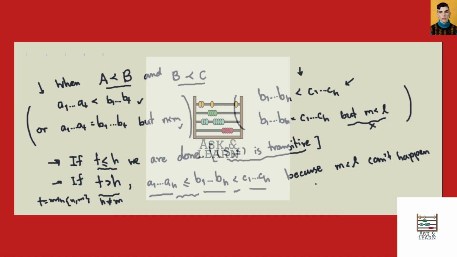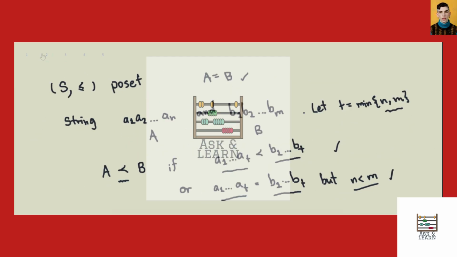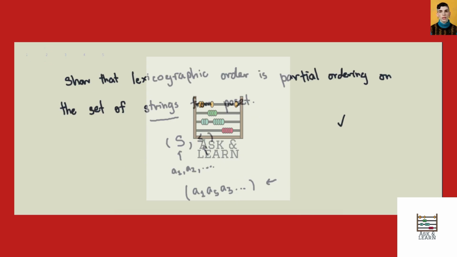And so the word A will be less than C in both cases. And so we have proved the transitivity. Okay. And so we have proven the three properties of partial ordering. And so we are done.